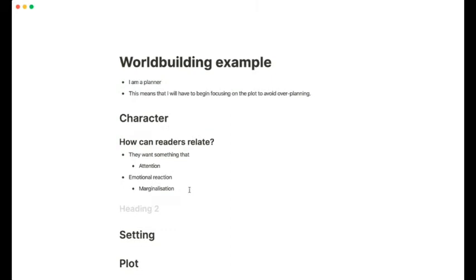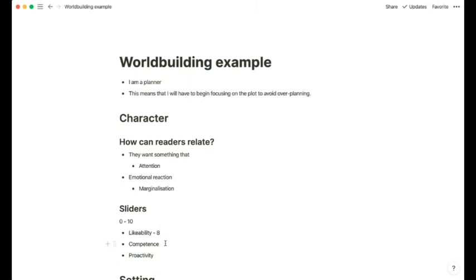So next, we've got what I call the character sliders, and so we've got likability, competence, and proactivity. And I'm going to do each of these from 0 to 10. So this character is relatively likable, so we'll place them in at 8 because they have good core values and they uphold them.